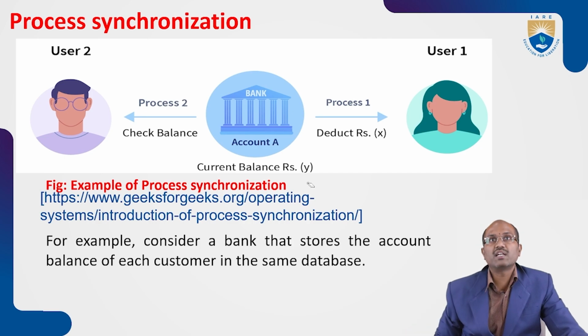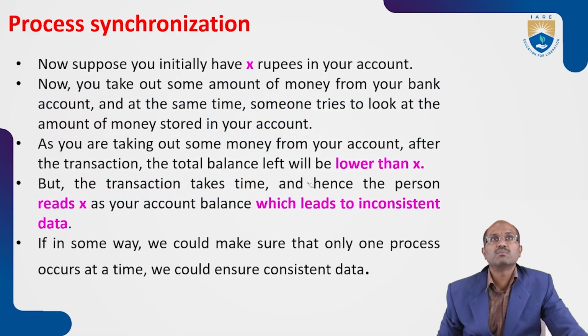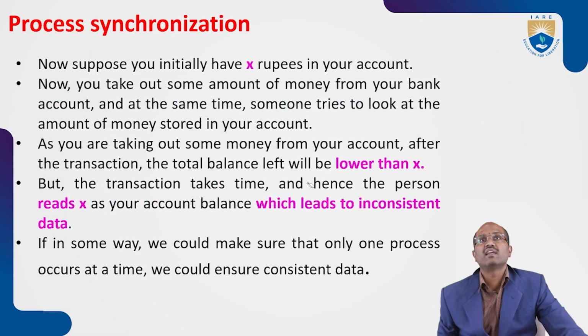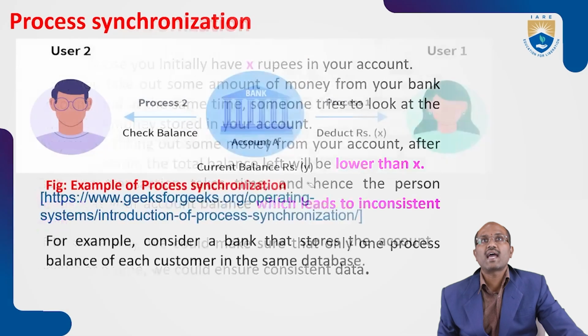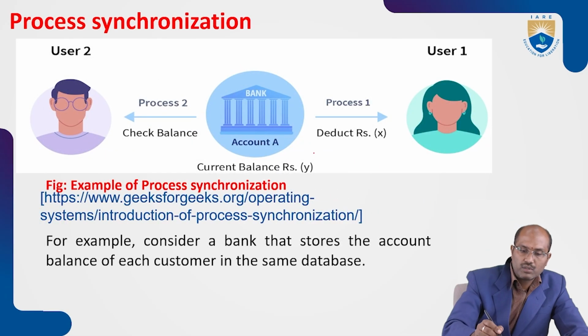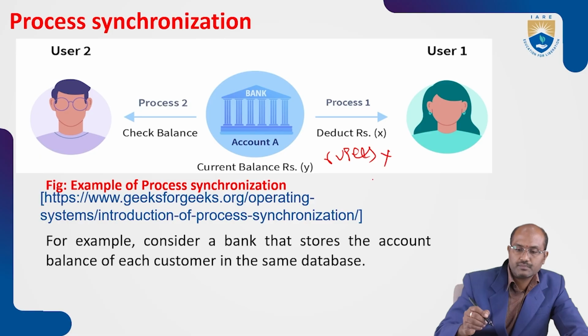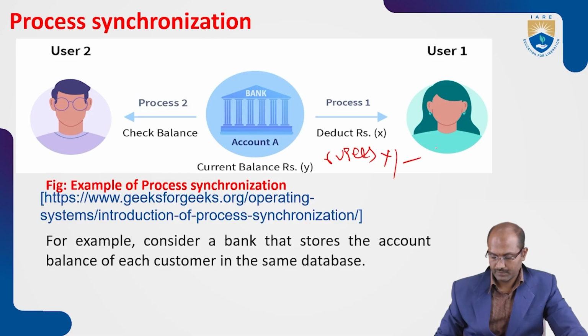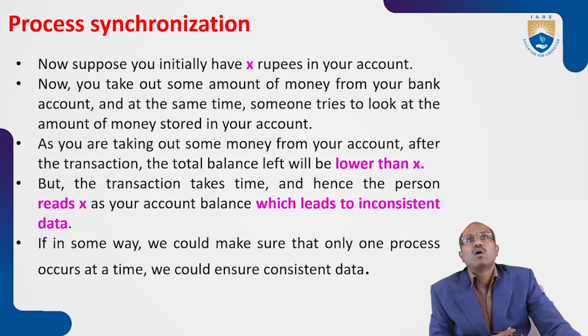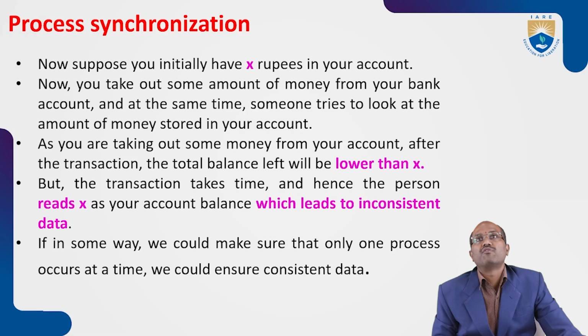In this example of process synchronization, initially you have X rupees in your account. Now you take out some amount of money from your bank account, and at the same time someone tries to look at the amount of money stored in your account.